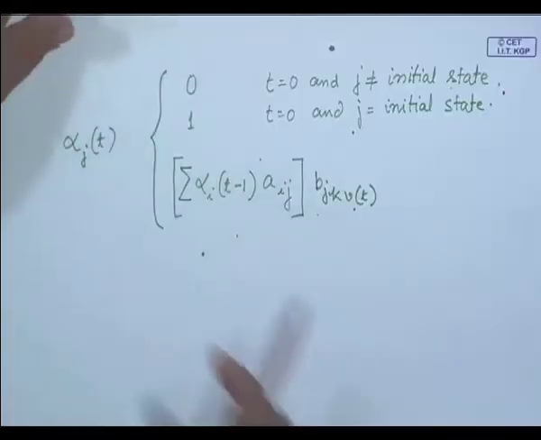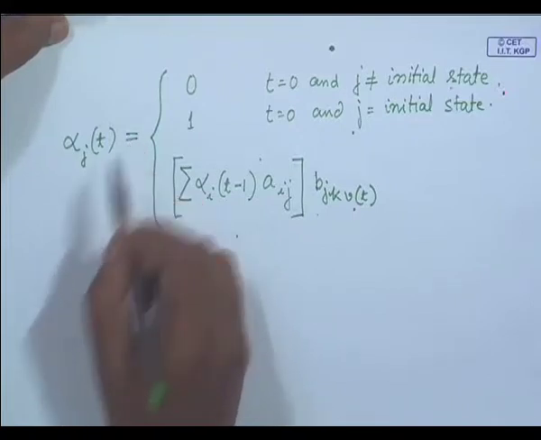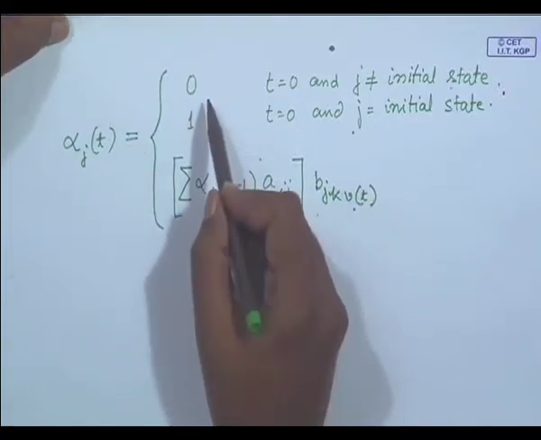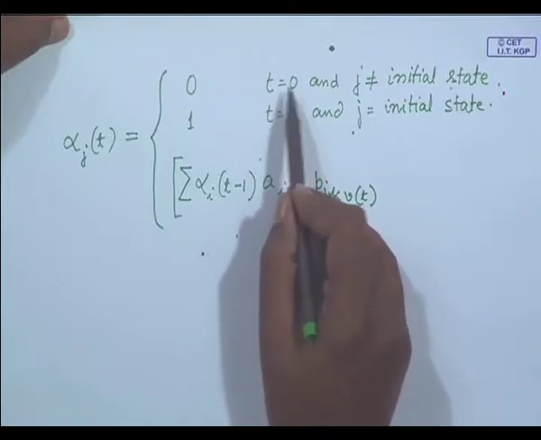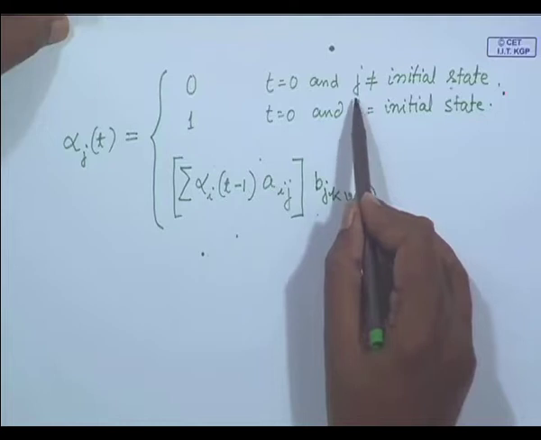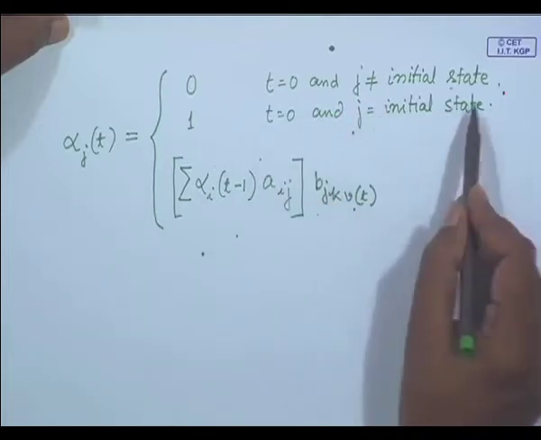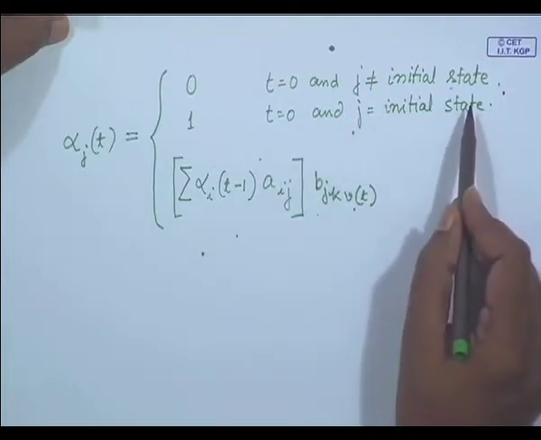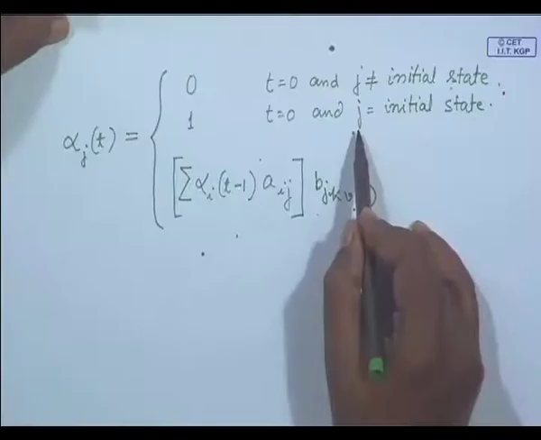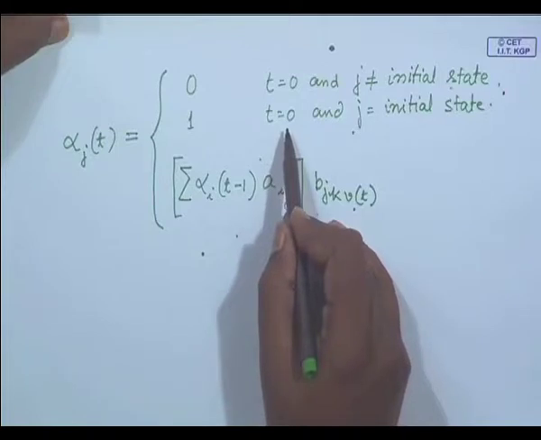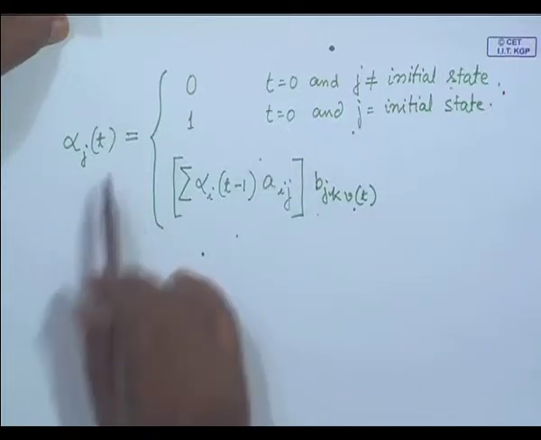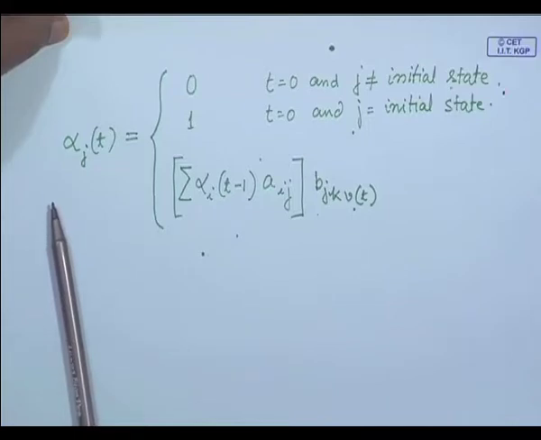So, for doing that, we defined a term alpha j t, where alpha j t will be equal to 0 if the model is at time step t equal to 0 and j is not an initial state. Whereas if we are in the initial state at t equal to 0, then alpha j t will be equal to 1.